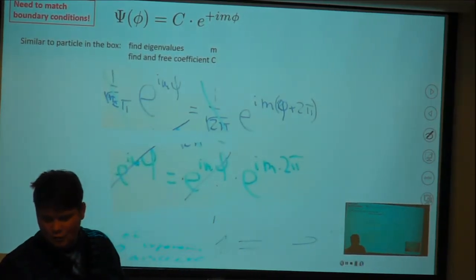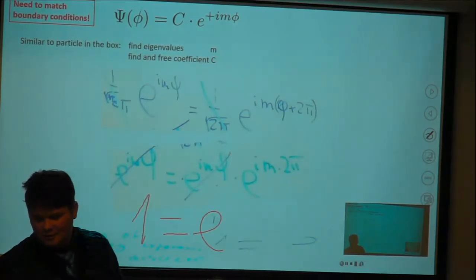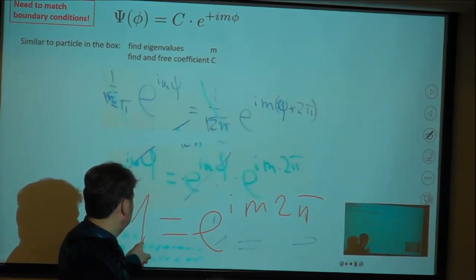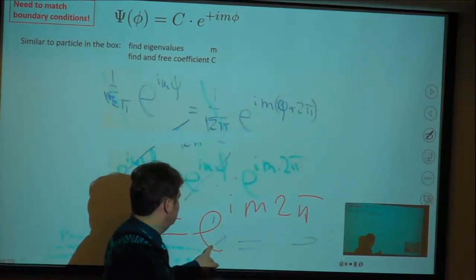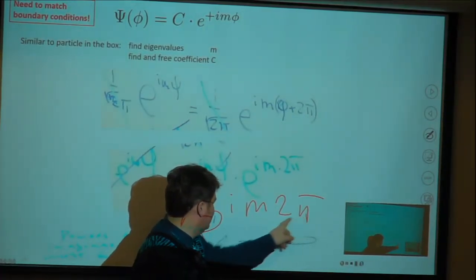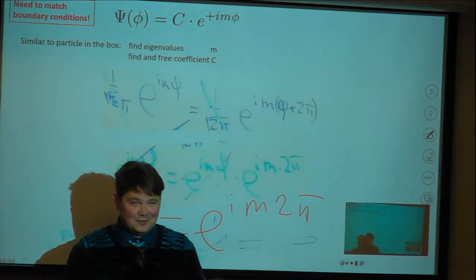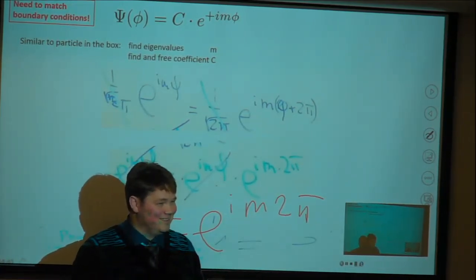So 1 is equal to e to the i m 2 pi. We know what is 1, we know what is e, we know what is 2, we know what is pi, we know what is i. So the only thing we do not know is m. It is an equation which we can solve for m, right?